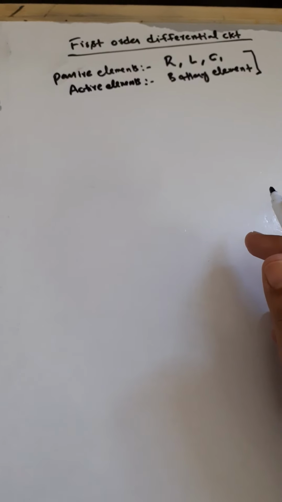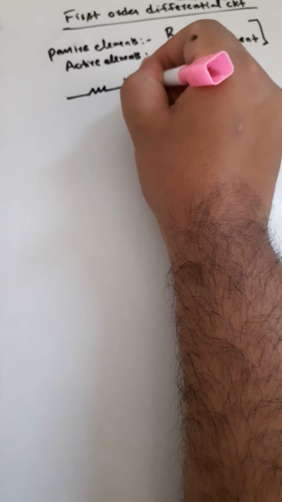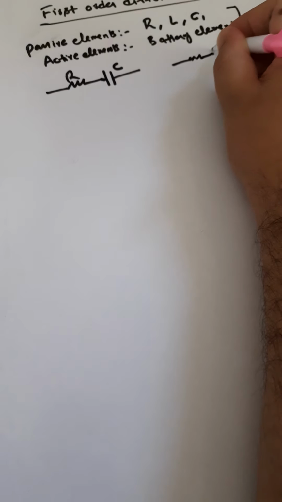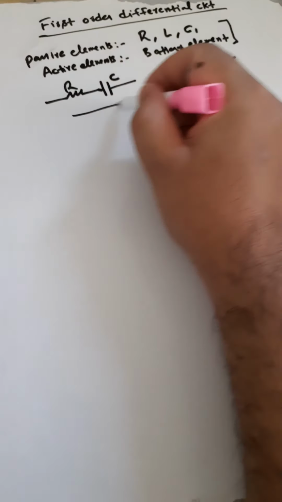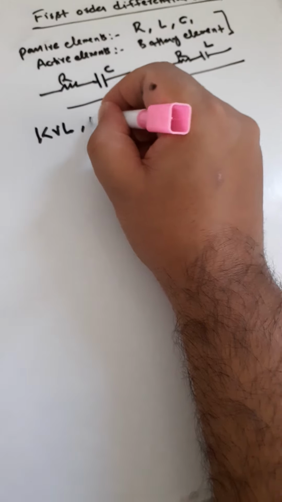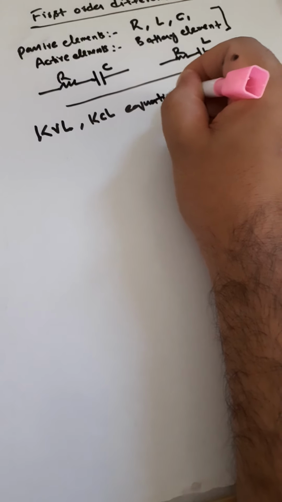But when we are applying KVL KCL to a network comprising resistance and capacitance, that is R and C, or resistance and inductance, this is R and L, at that particular time when we are applying KVL equation or KCL equation, we don't get an algebraic equation. In these networks we don't get an algebraic equation.